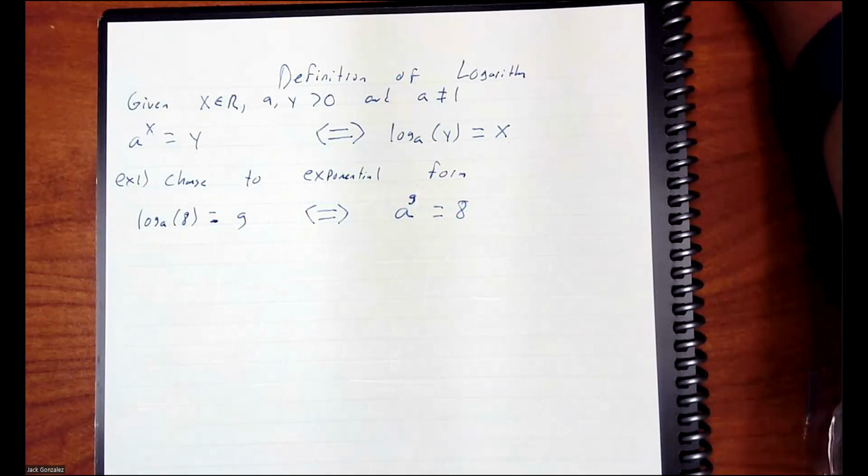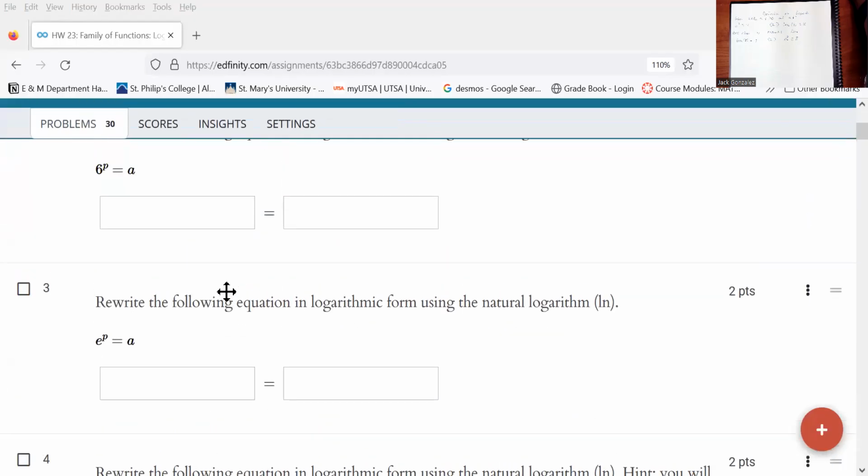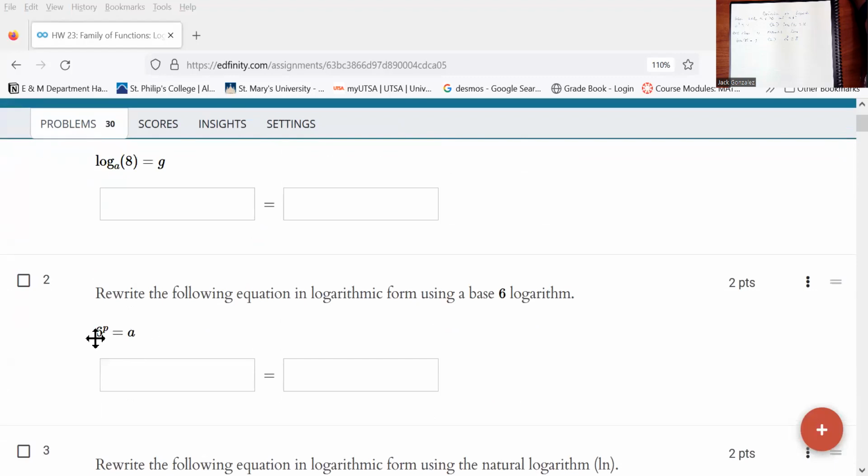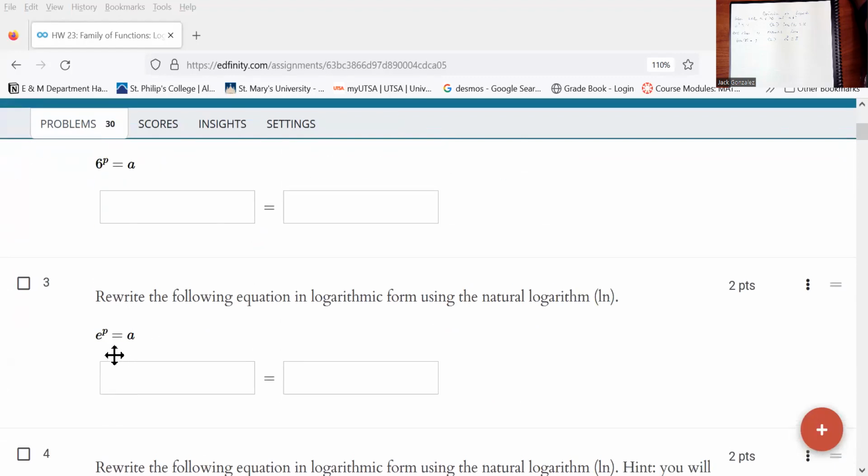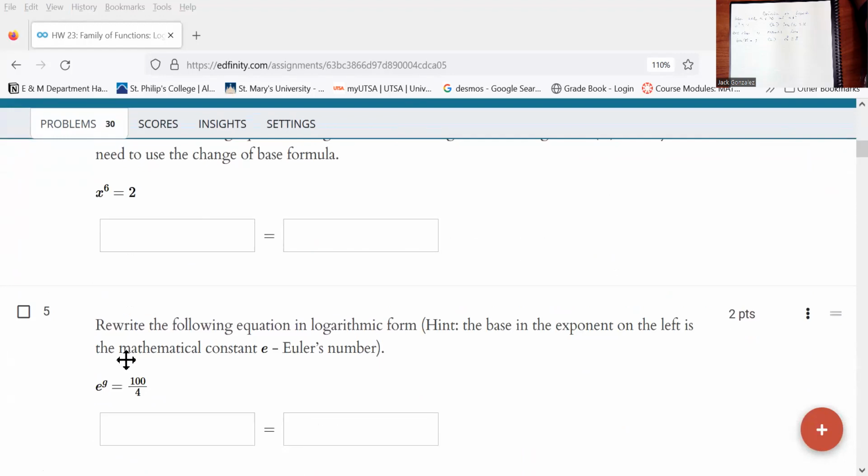So you can see number 2, same deal. Exponential to log, number 3, same.